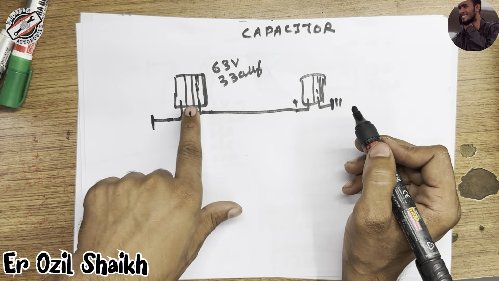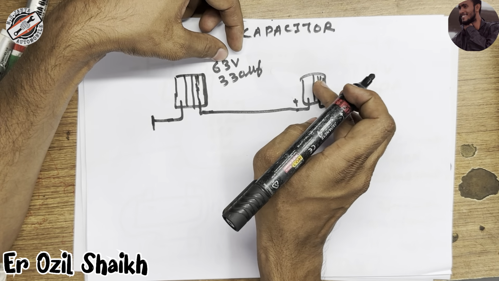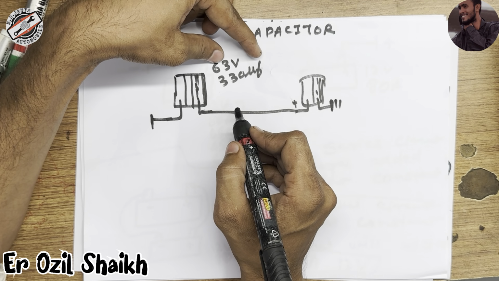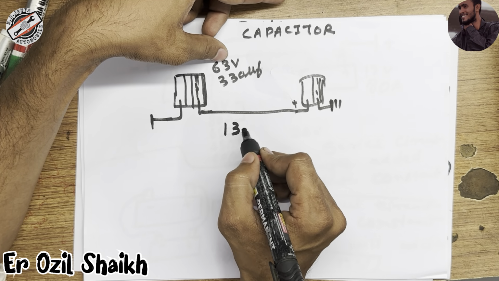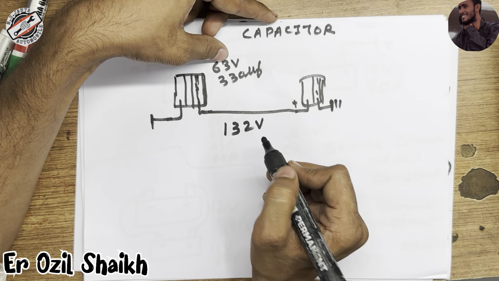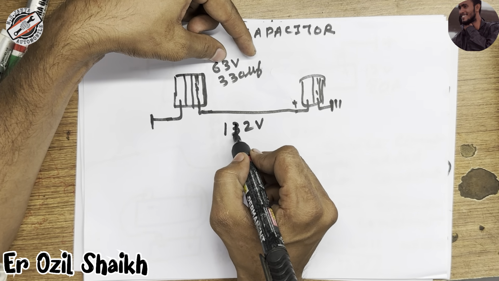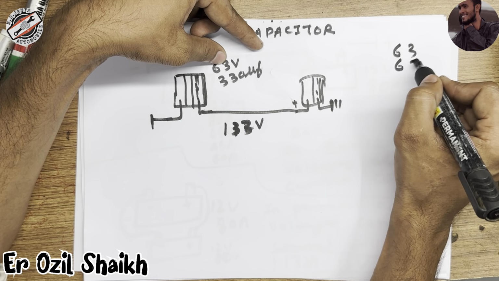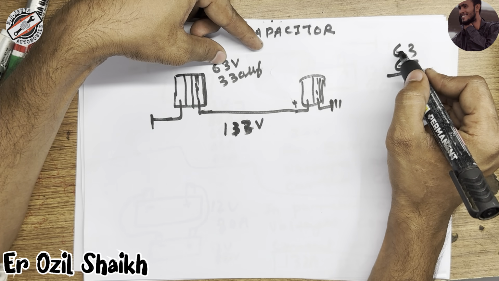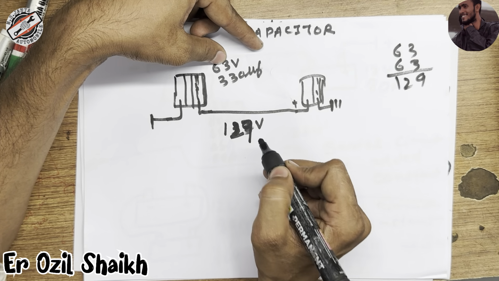This capacitor can store 63 volt, so 63 plus 63, 126 volt.